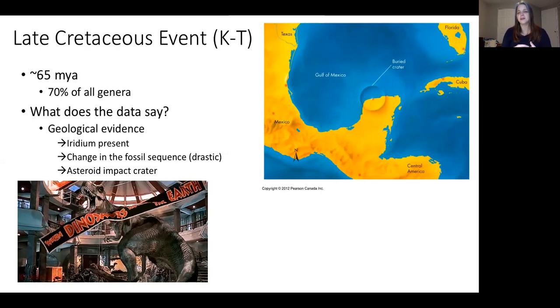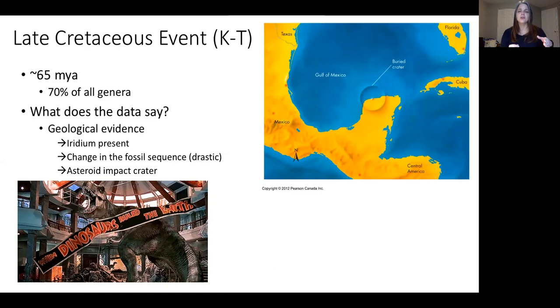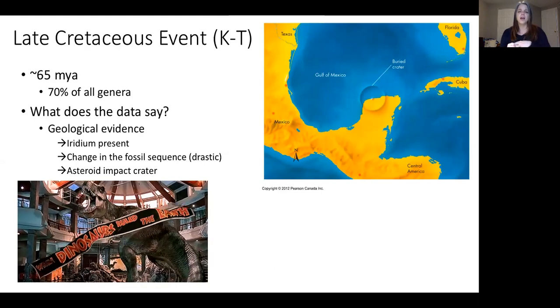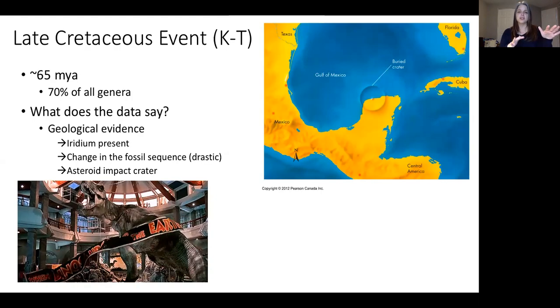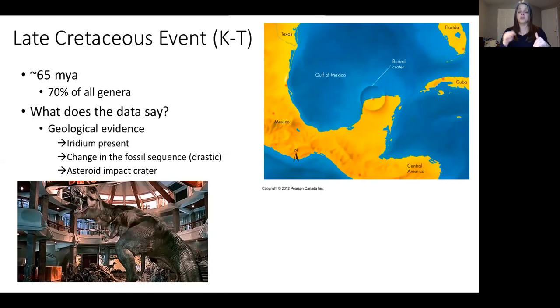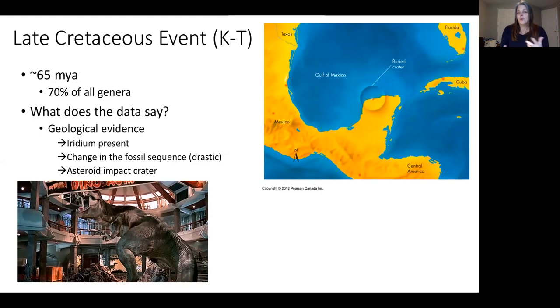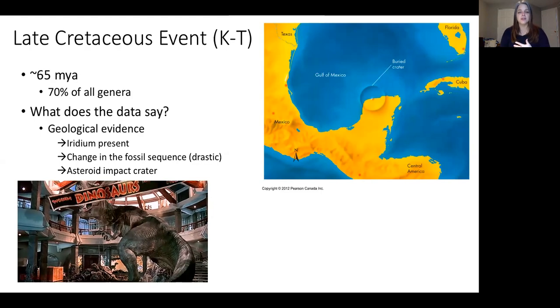That crater is in Mexico. It was hard to find because it's covered in tertiary deposits. After the Cretaceous ended, the geological setting changed such that a bunch of sediment accumulated in that crater, so it wasn't obvious on the landscape, and that's why they didn't see it right away.